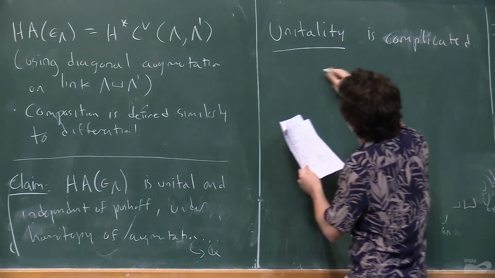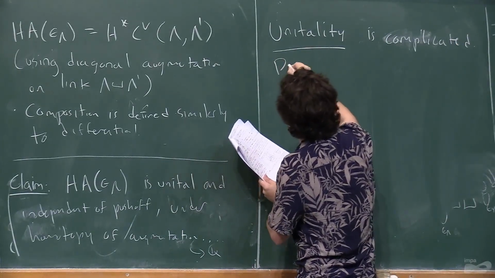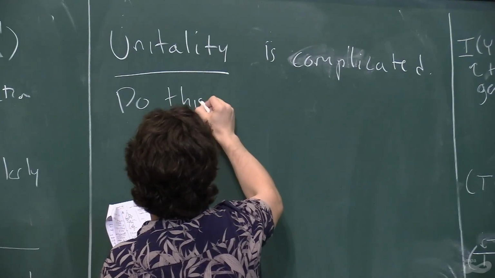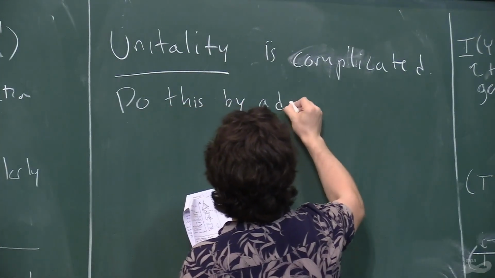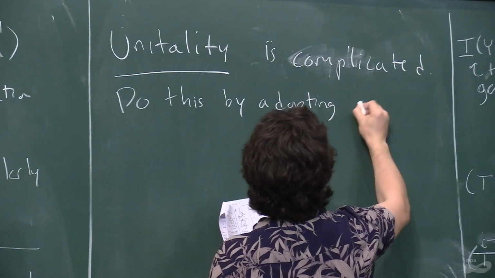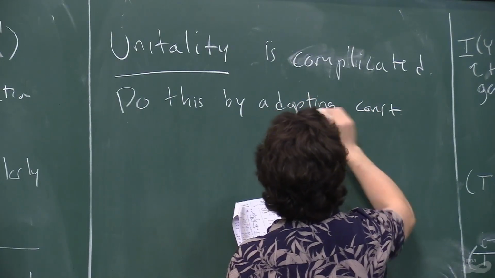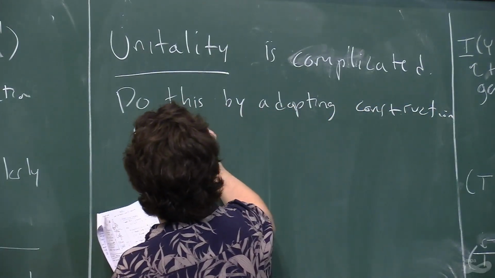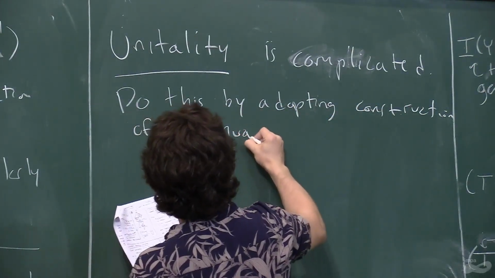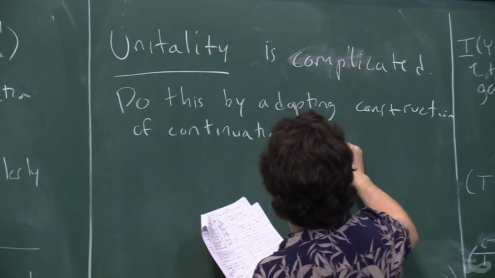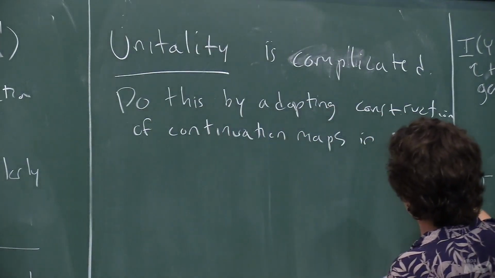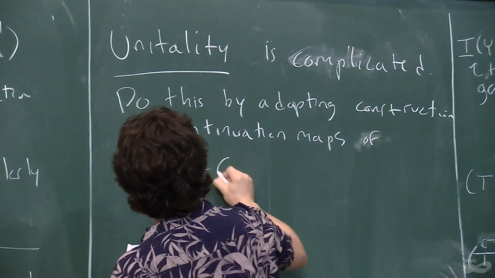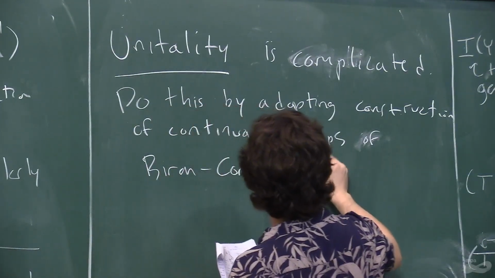And so the way that I'm writing about this in the paper is that you can do this by adapting a construction of continuation maps in either Bourgeois-Chantraine or Jeff Hicks.